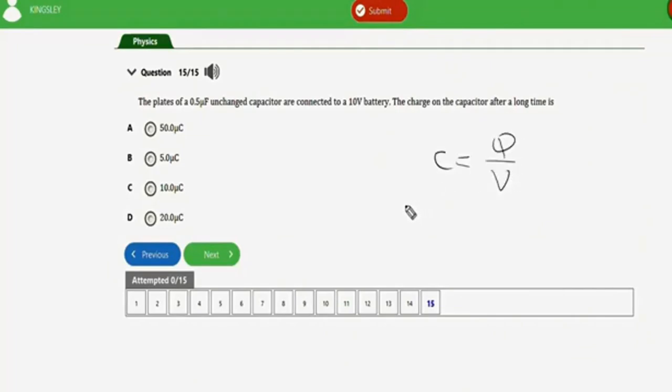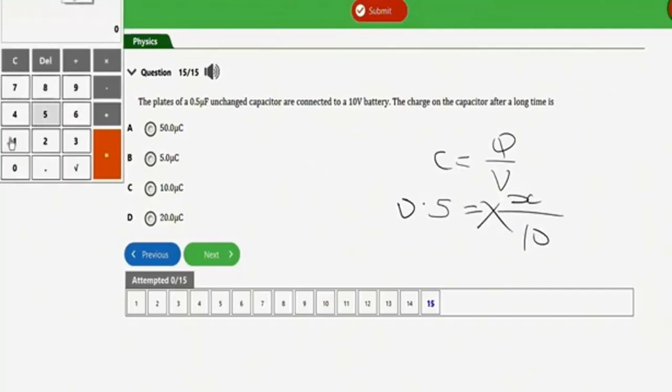So here the capacitor is 0.5 microfarad equals, we are looking for the charge, let's call it X, over the voltage is 10. So when you cross multiply, we're going to have 10 times 0.5, which will basically give you 5. Okay, so the right option to this question is option B, which is 5 microcoulomb. Okay, so that's it for this question.